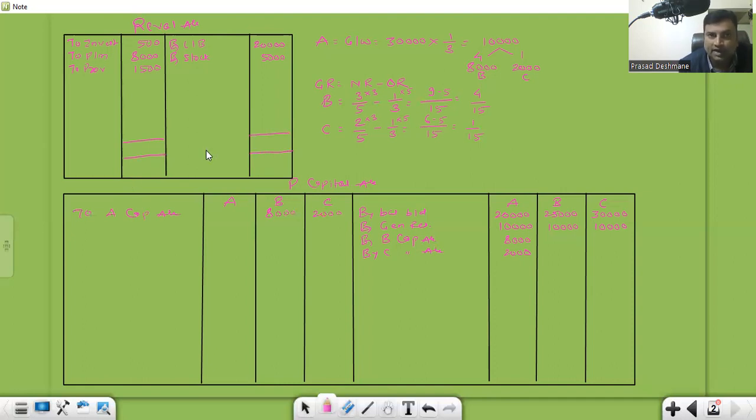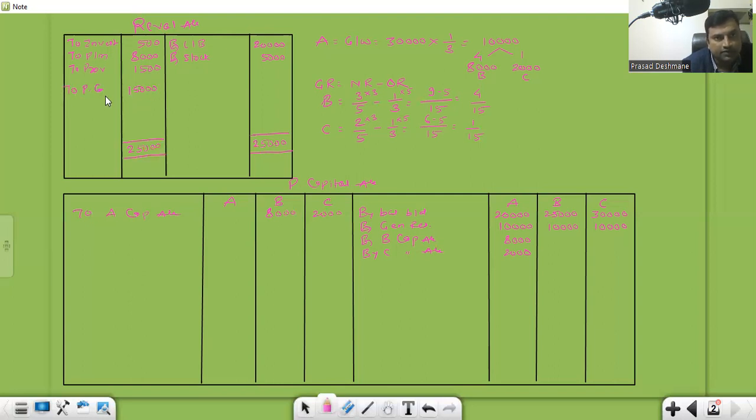So for that, we need to close the revaluation first. This credit side is heavier: 20 plus 5 is 25,000. From 25,000, I'll subtract this side: 500, 1,500, 2,000, 10,000. So 1,500 is a profit on revaluation.